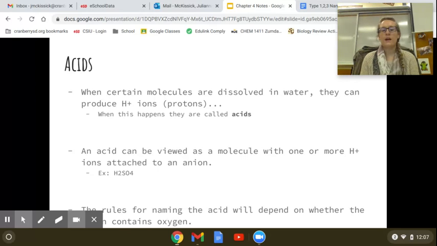When we get an H plus, that's going to give us an acid. Now, it says protons here because H is on the periodic table in the top left-hand corner, and its atomic number is 1. If its atomic number is 1, it has 1 proton and 1 electron.